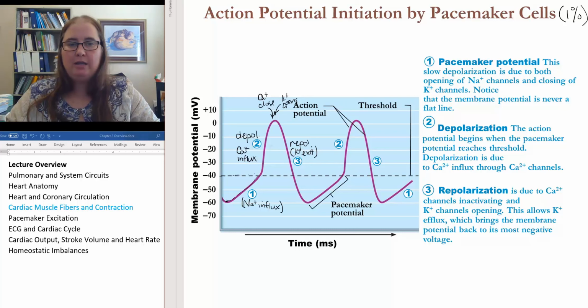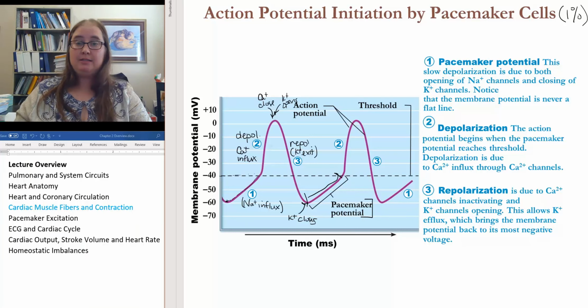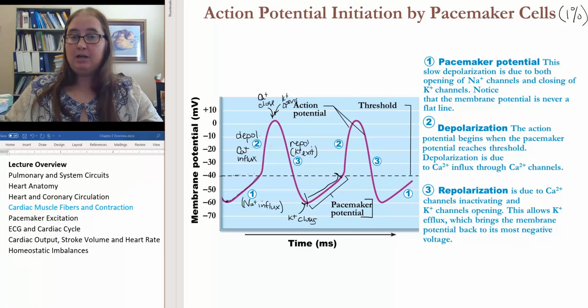Okay, we get down here, potassium closes, and here our leakage starts again. So this region from here to here, the sodium leakage, is what we call the pacemaker potential. Okay, and that is because that is what's ultimately creating the action potential.